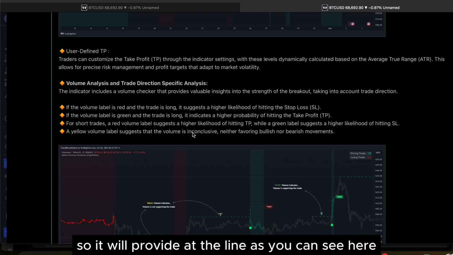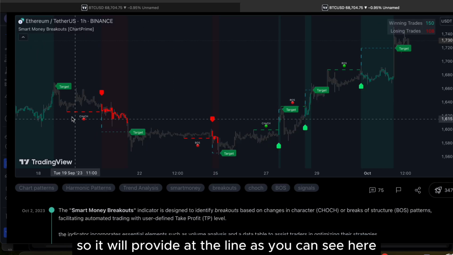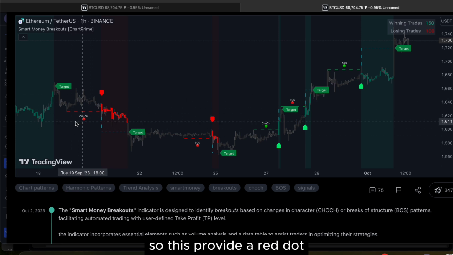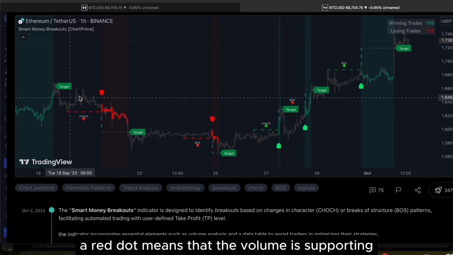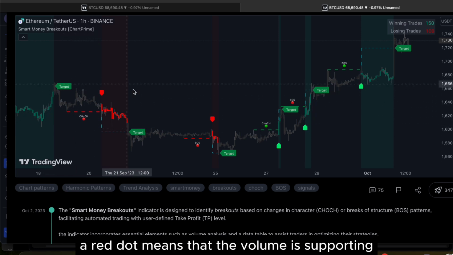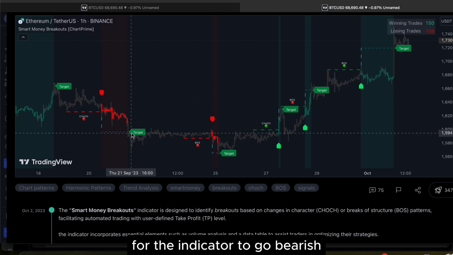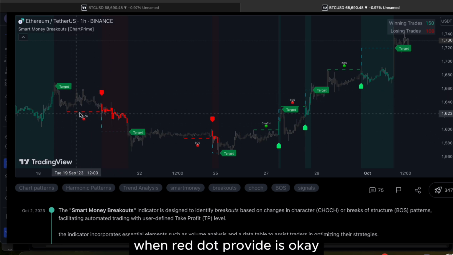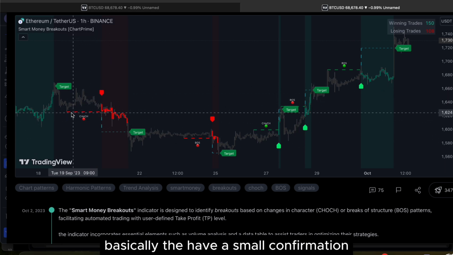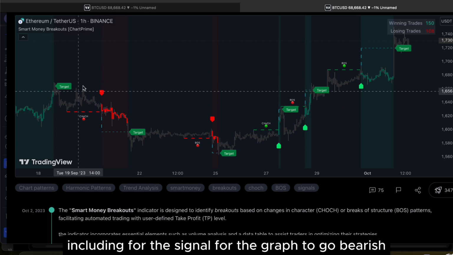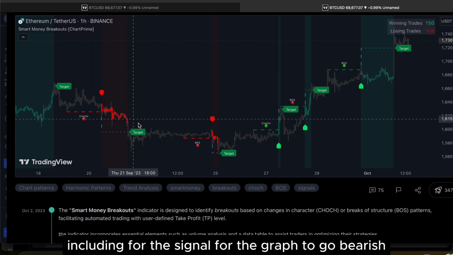It provides them at the line, as you can see here. So this provides a red dot. A red dot means that the volume is supporting the indicator to go bearish. When a red dot occurs, basically there is a small confirmation for the signal for the graph to go bearish.